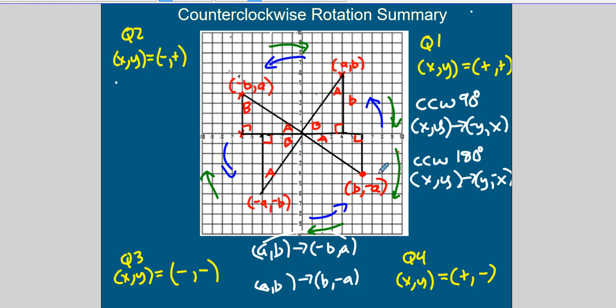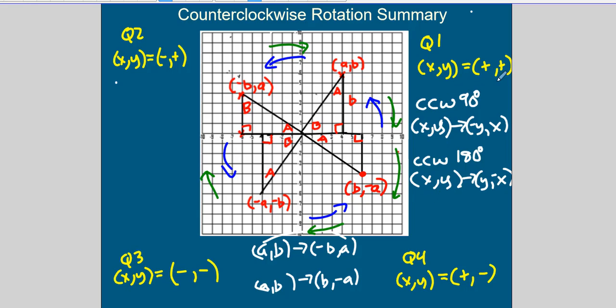So from here to here, I just demonstrated that. Let's show one more to show it doesn't change. Here, notice the x coordinate gets moved to the y position, you take the negative of it, and the y coordinate gets moved to the x position.